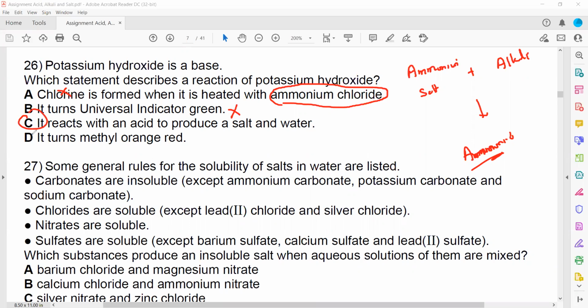That's why C is the right answer. It turned methyl orange red. That is wrong. Methyl orange is red in acidic conditions, but in alkaline conditions it is yellow. It is not an acid. It is a base, and a base doesn't turn methyl orange red. It will turn it yellow.